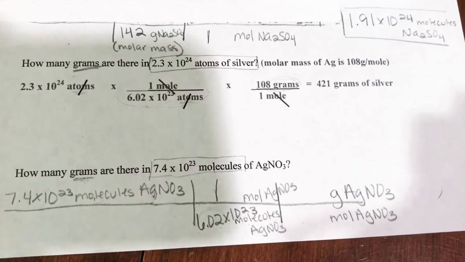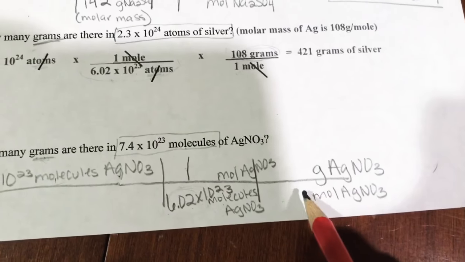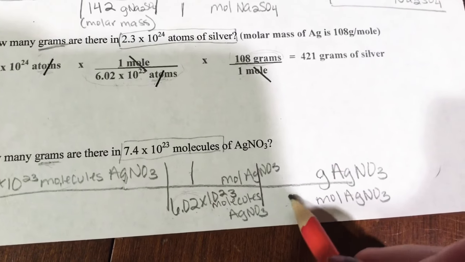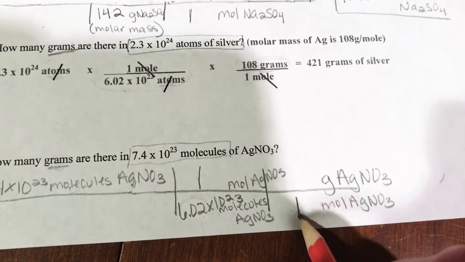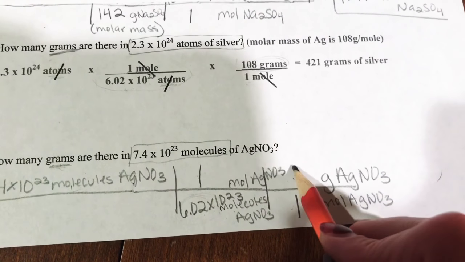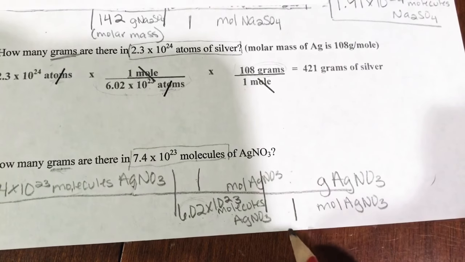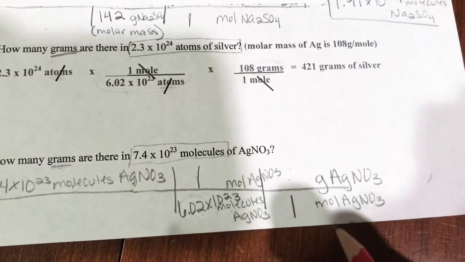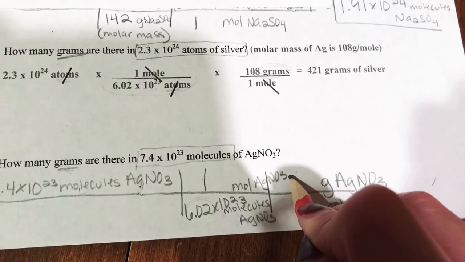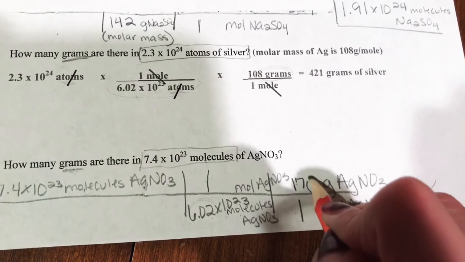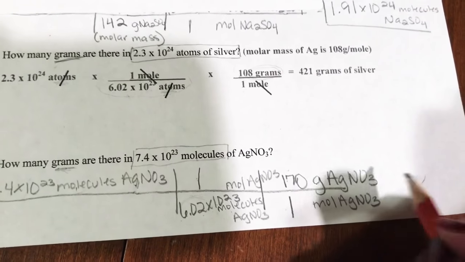So 1 mole is going to go on top. On the far right-hand side, we also have a conversion factor that says 1 mole, so we're going to put 1 in the bottom, is equal to the molar mass of a substance. So we need to calculate the molar mass of silver nitrate. I've already calculated it, and I can tell you it's 170 grams. And feel free to check my work.